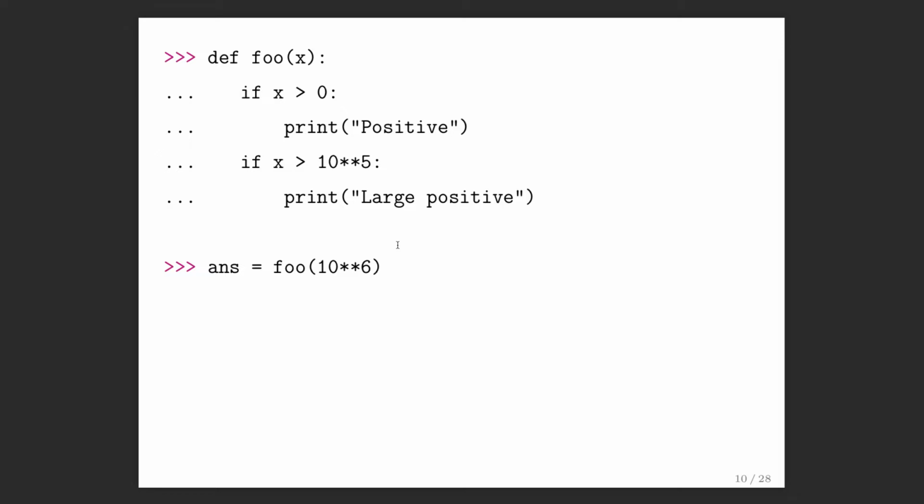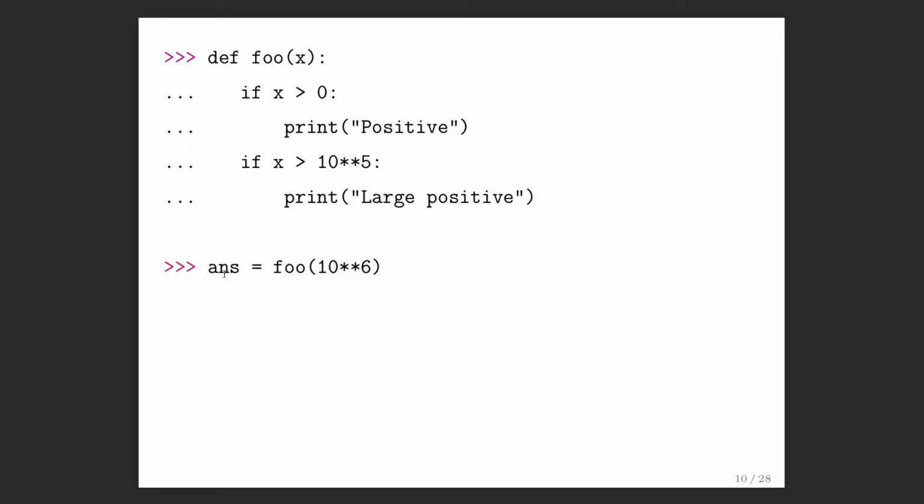Let's walk through the code, okay? So this code gets 10 to the power of 6. It goes into this if statement. Is 10 to the power of 6 greater than 0? Yes, so it prints positive. It goes to this condition now. It says, is 10 to the power of 6 greater than 10 to the power of 5? Yes, so it prints large positive. Then, because we didn't write a return in here, it's going to return None.